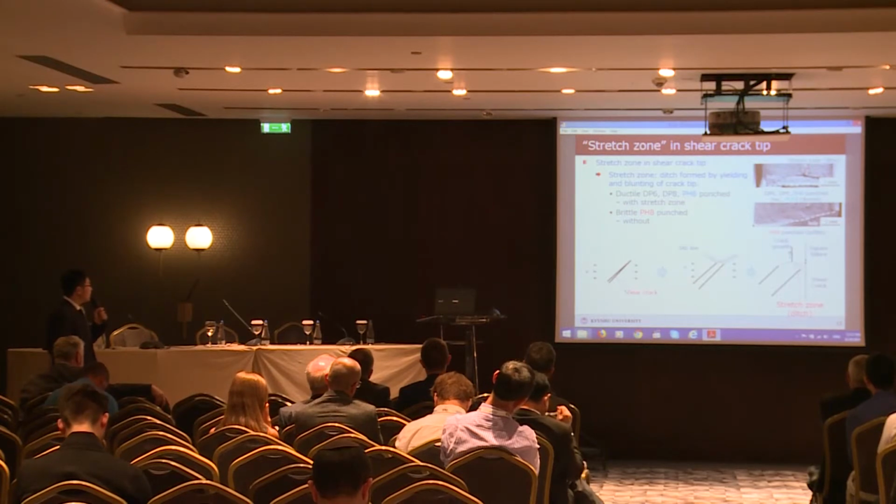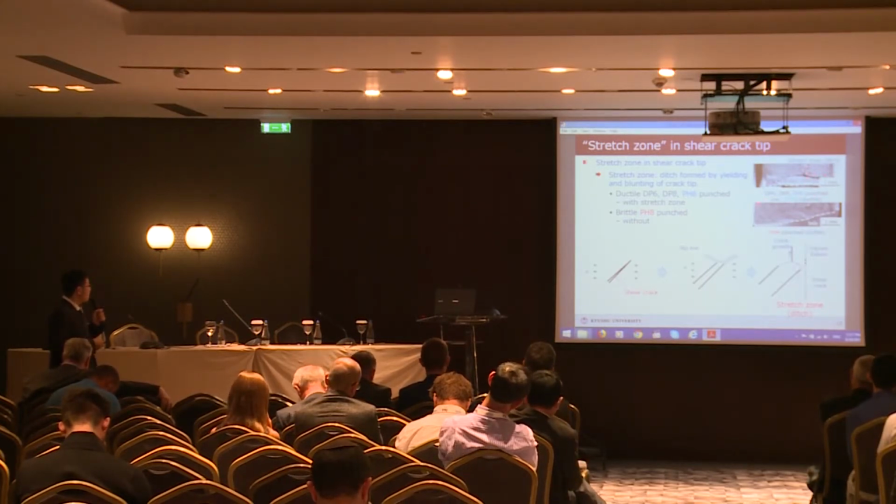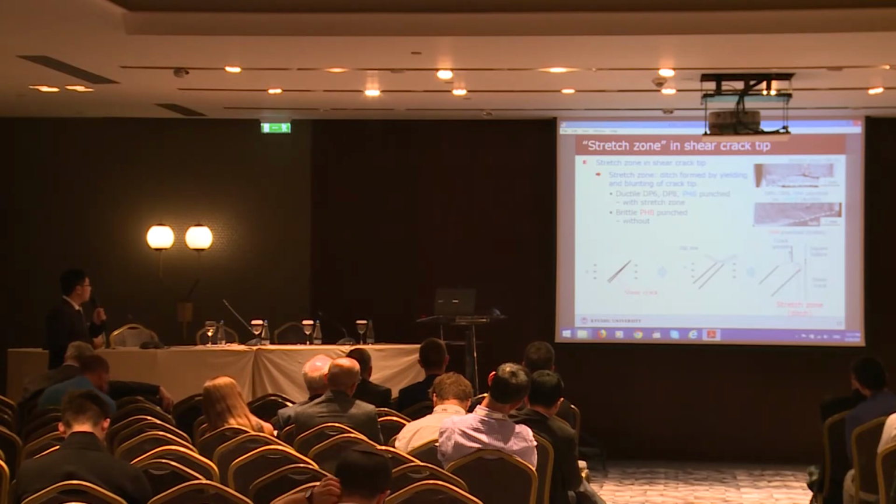So we can see that the shear crack tip of DP6, DP8, PH6 punched material has blunted and yielded sufficiently like this schema, and the stretch zone can be seen. The shear crack tip of PH8 punched material is still sharp like this.